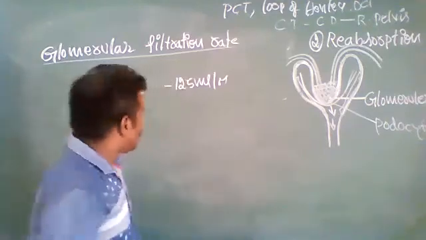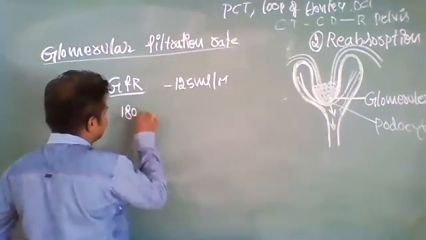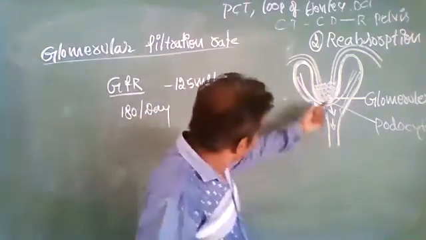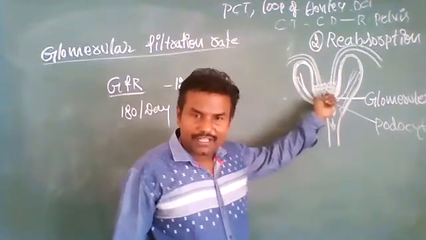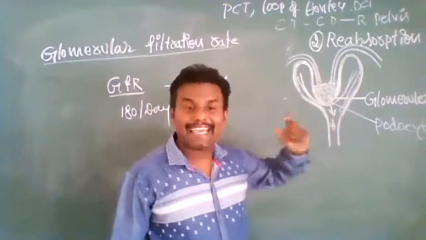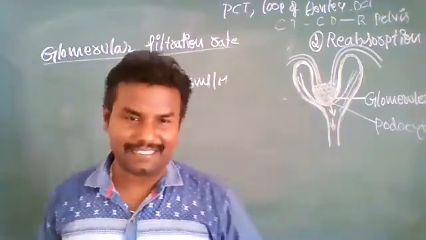That is 180 liters per day. Through glomerular filtration, the filtrate formed per day is 180 liters.